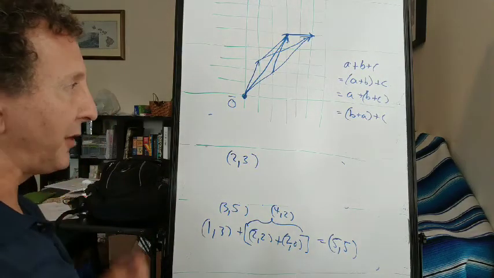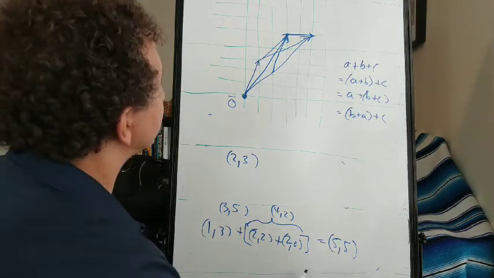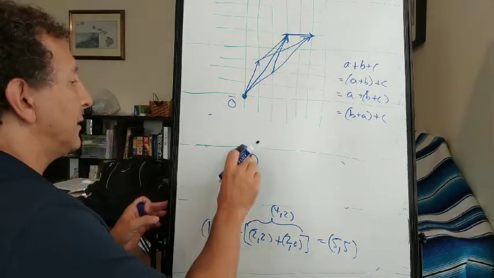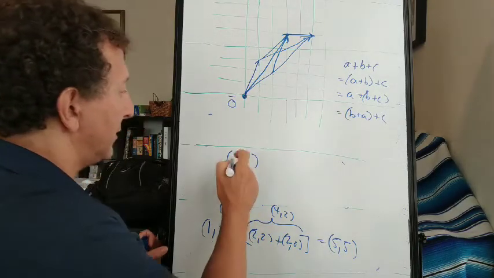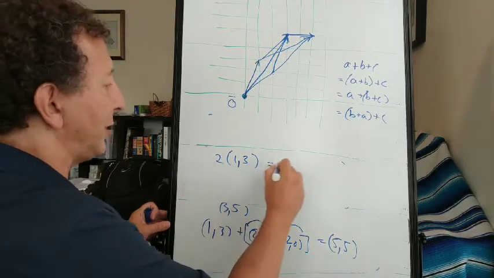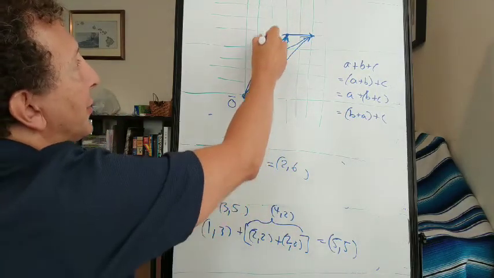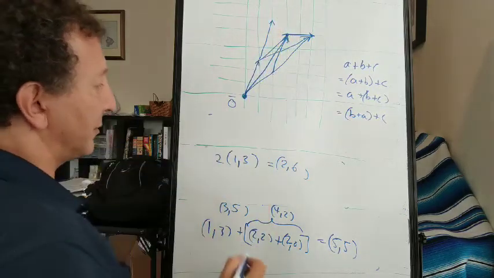Now, similar things work with scalar multiplication. Let's look at (1, 3). And if we multiply this by 2, we get (2, 6). So that's like going (1, 3) and then another (1, 3) to get to (2, 6).